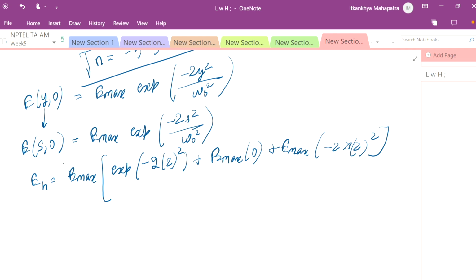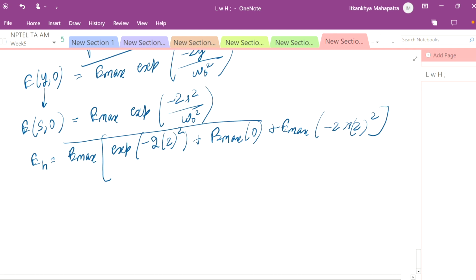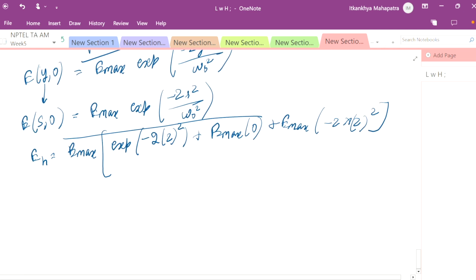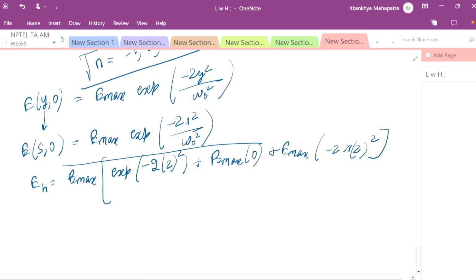We expanded this. This is for minus 1, 0, 1, so accordingly we are doing.